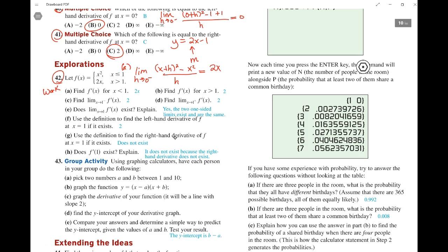G wouldn't exist because it's greater than. But it says the left-hand derivative and the right-hand derivative does not exist, so it does exist. No, okay, I think we're reading this. The C and D are the limits of the derivatives.